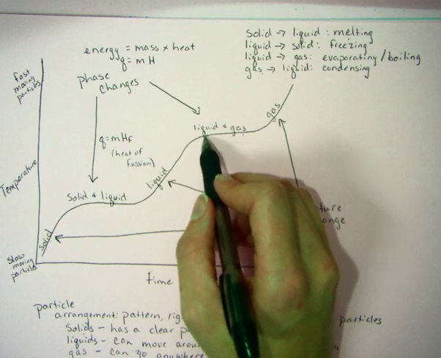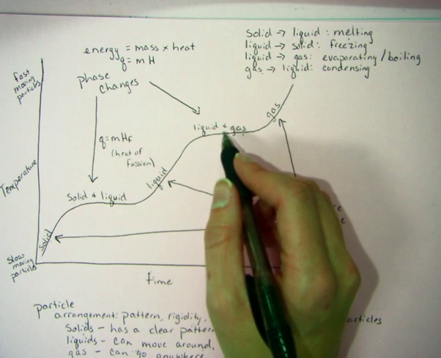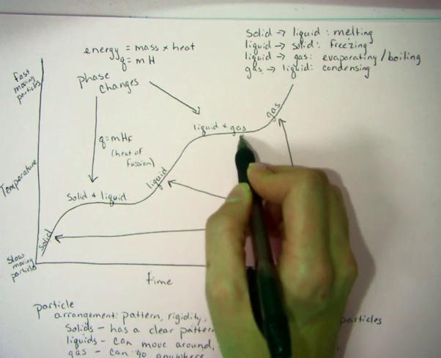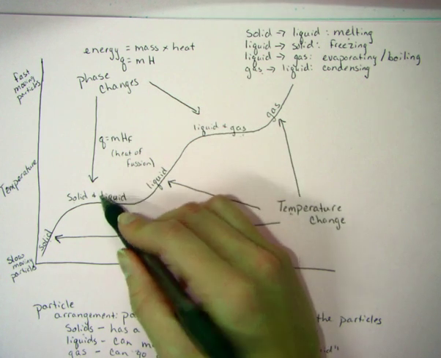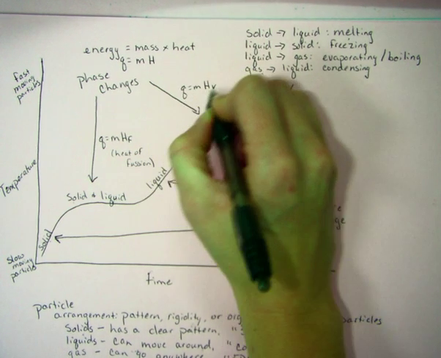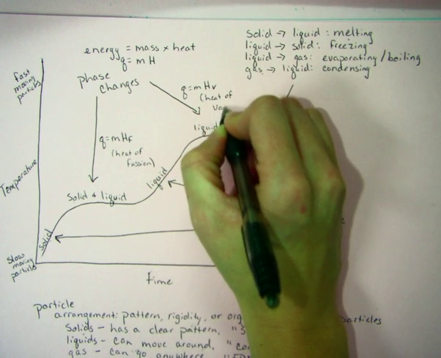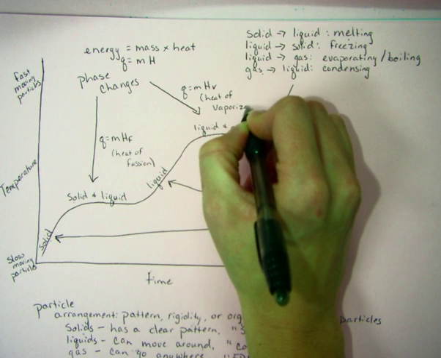For changing liquid to gas or gas to liquid, this takes a little bit more effort because gas has so much more energy than liquid or solid. We need to use Q equals mHv, or the heat of vaporization.